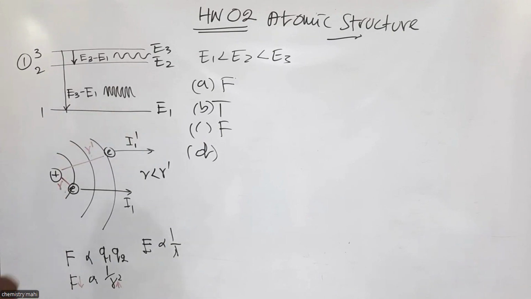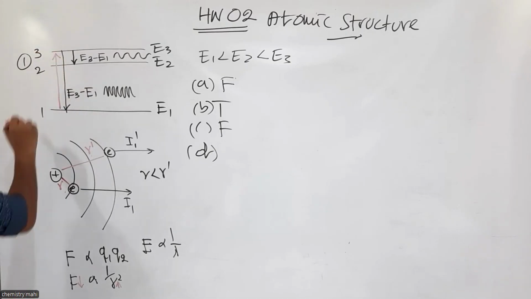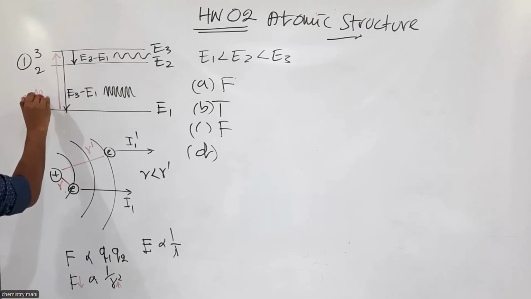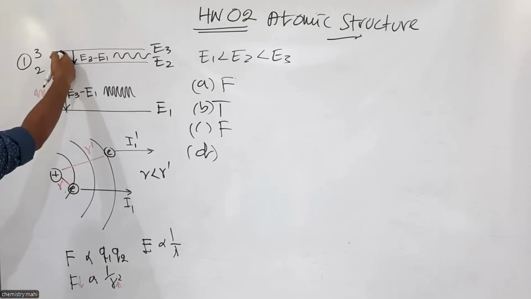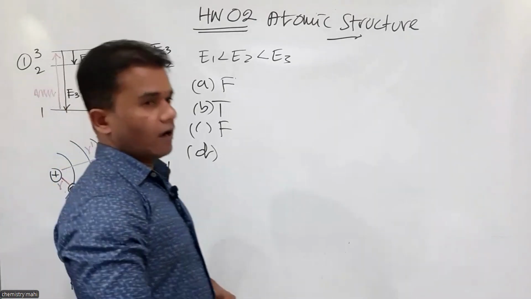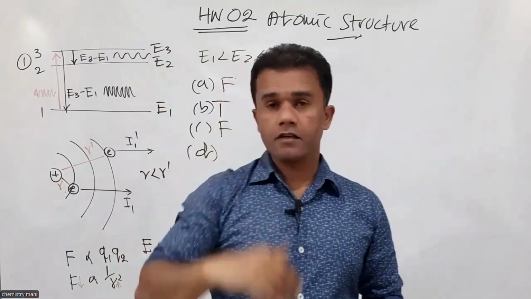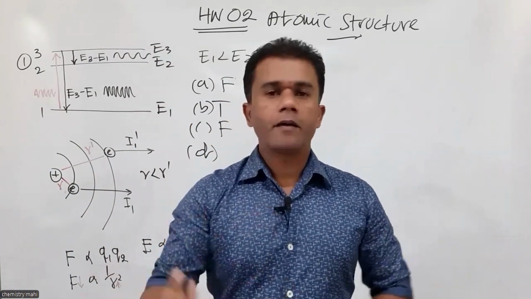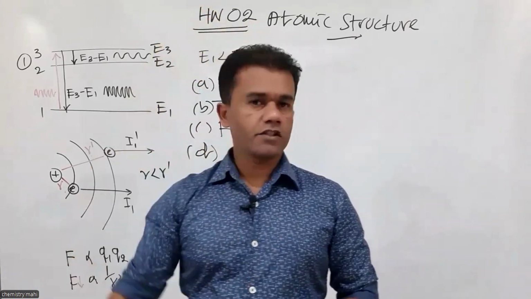But if it jumps from 1 to 3, a certain amount of energy is absorbed, and that energy absorbed is again similar to E3 minus E1, the same energy gap. Got it? Therefore, if you consider the same two electronic energy levels, the energy gap is the same.